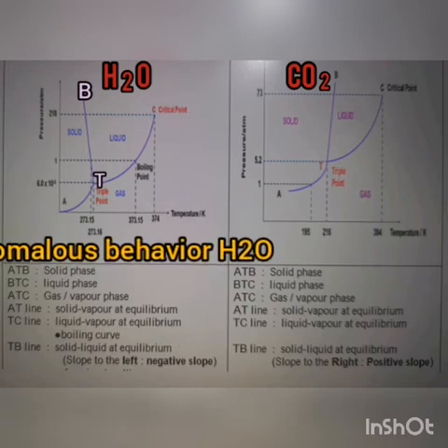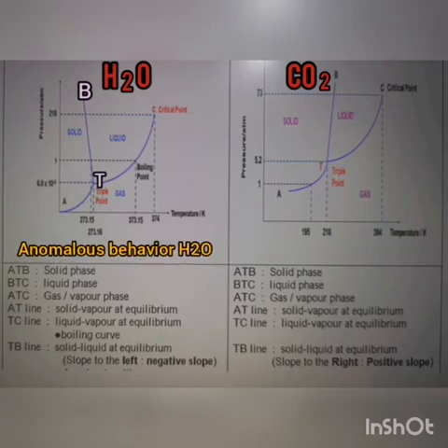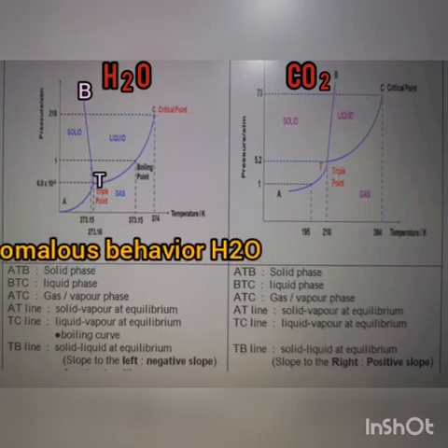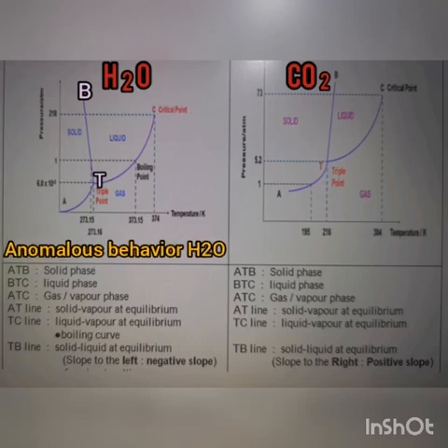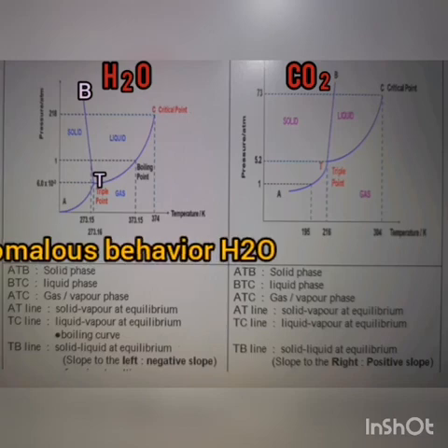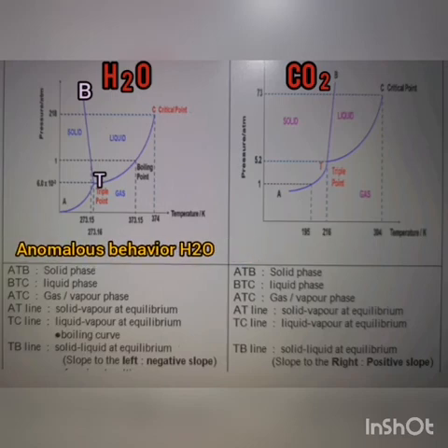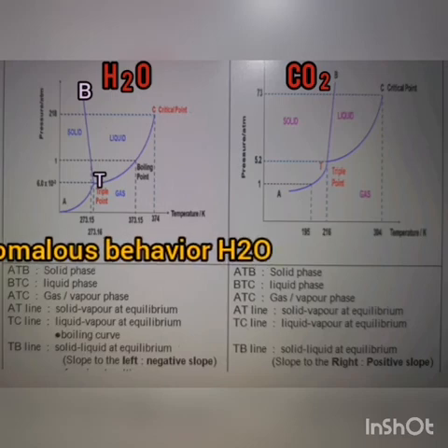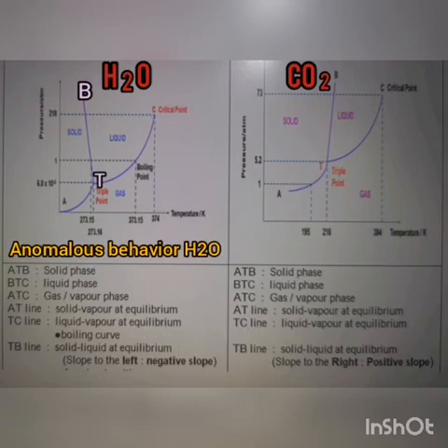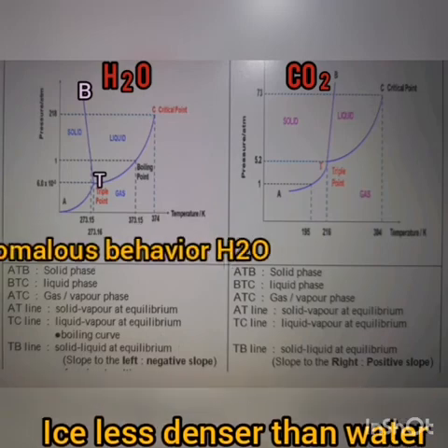It's not typical. Line TB slopes to the left, a negative slope, which means that with increase in pressure, the freezing point of water or melting point of ice decreases. Why does this happen? Because ice is less dense than water.